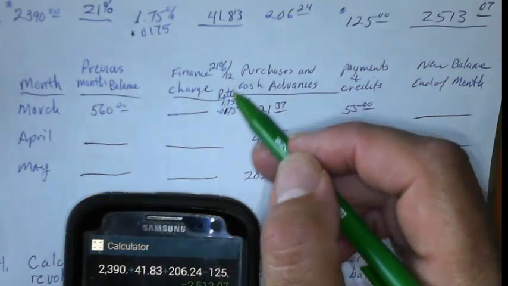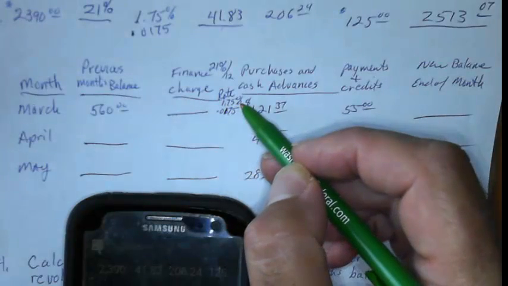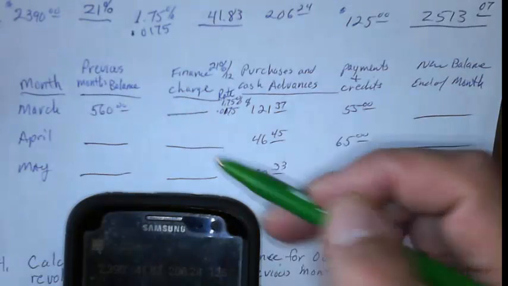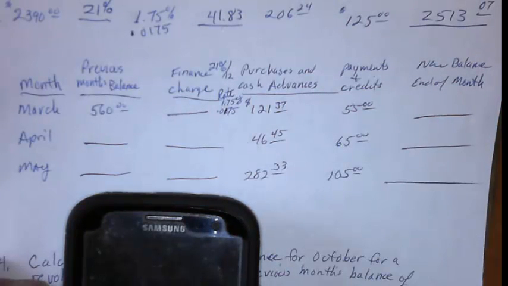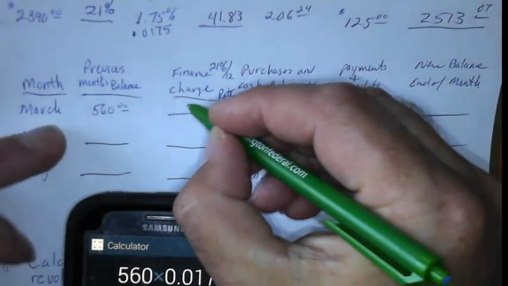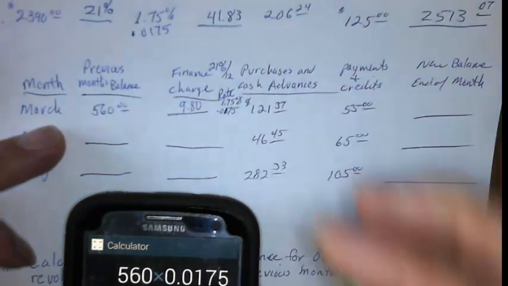Well, divide that by 12, you get 1.75. And of course, moving that over to create a decimal is what we're going to multiply by. So, as we're doing this, we would have 560 times 0.0175 equals 9.80. So our finance charge was 9.80.